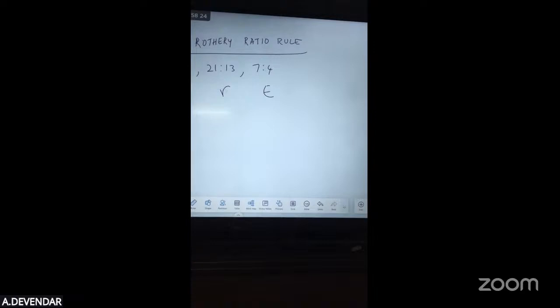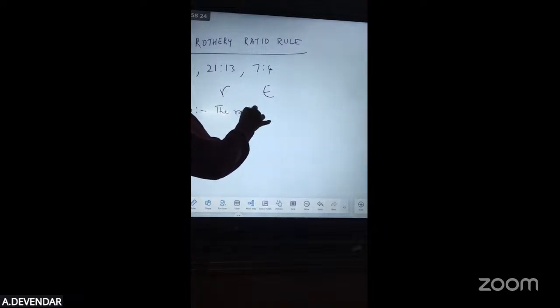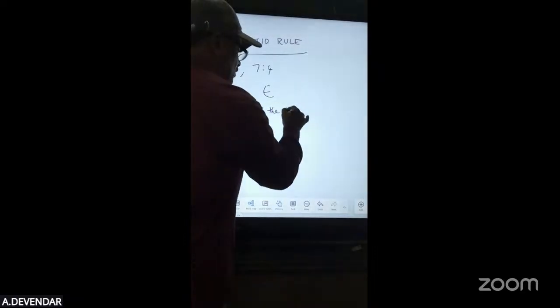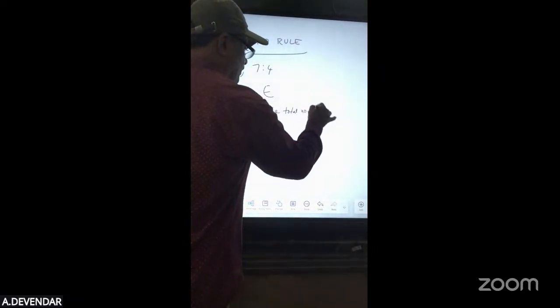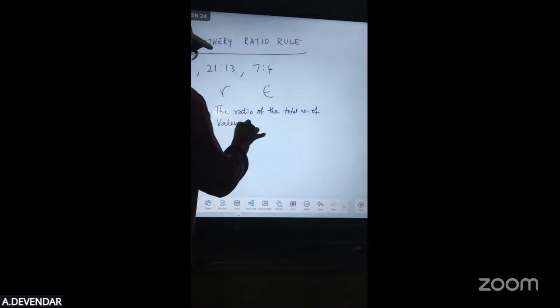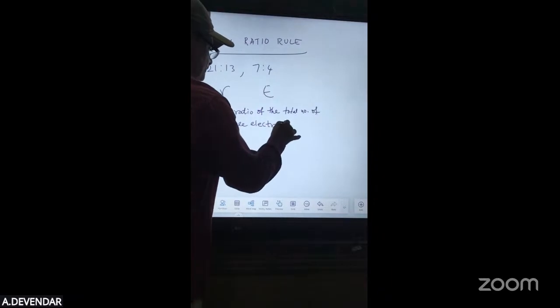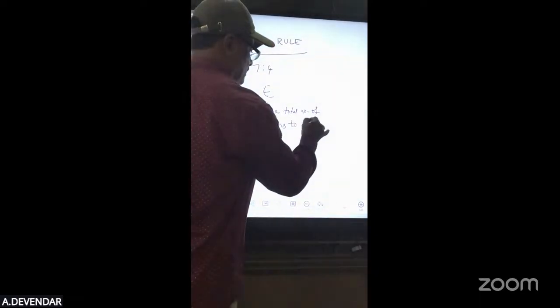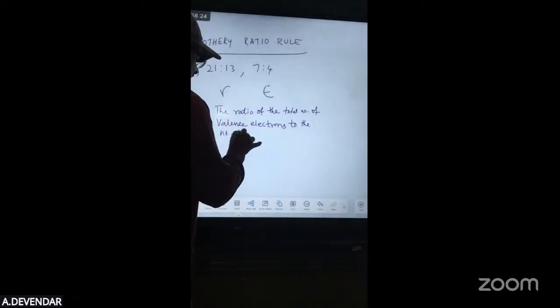The Hume-Rothery ratio is nothing but the ratio of the total number of valency electrons to the number of atoms.